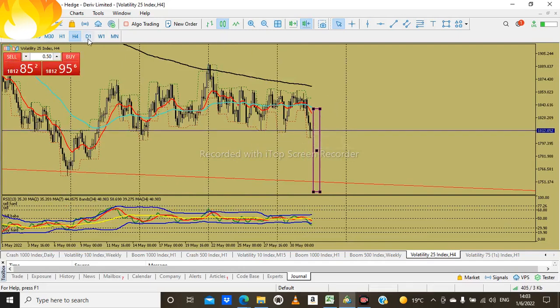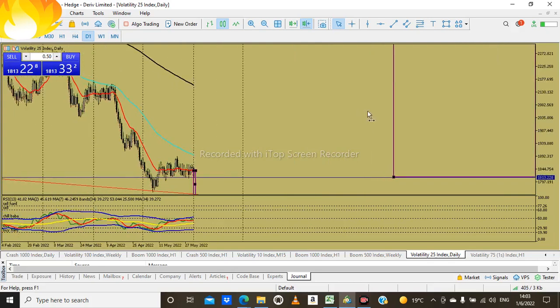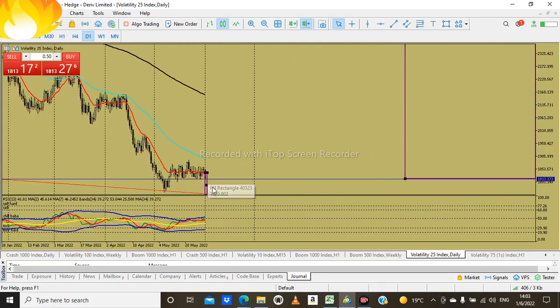One candlestick, we're talking about a fall on H4, and that's a lot of money. So maybe I could sell it to this. Then we expect a buy.